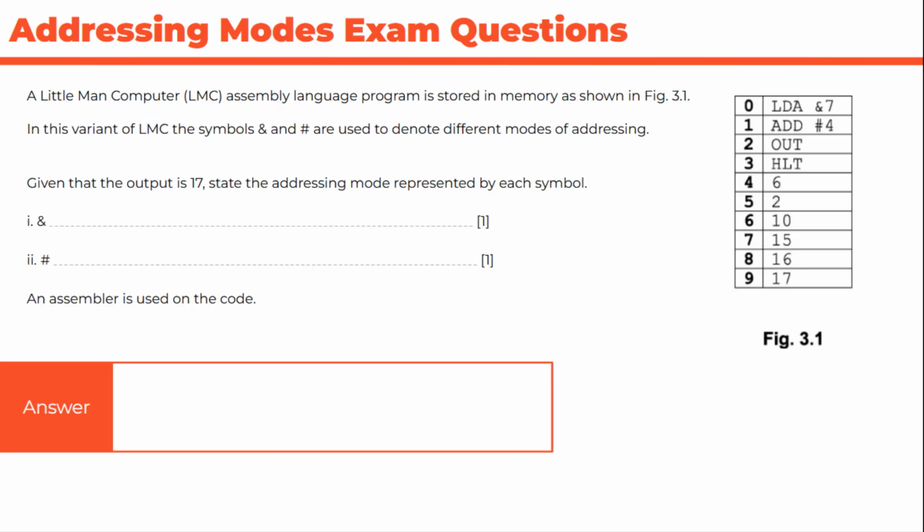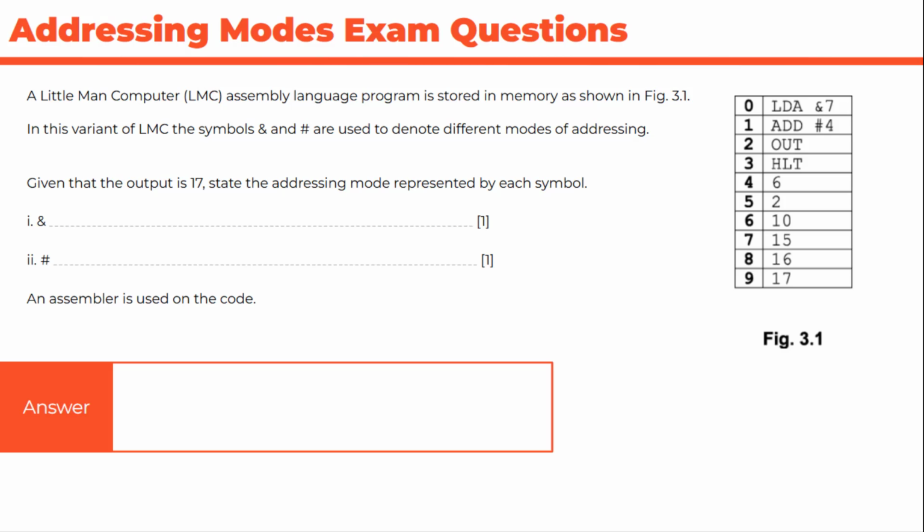Okay. What about this question then? A Little Man Computer Assembly Language program is stored in memory as shown in figure 3.1. In this variant of LMC, the symbols ampersand and hash are used to denote different modes of addressing.